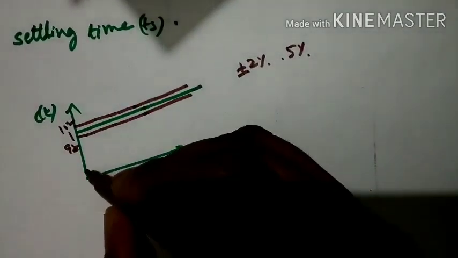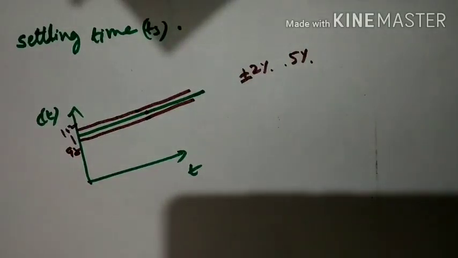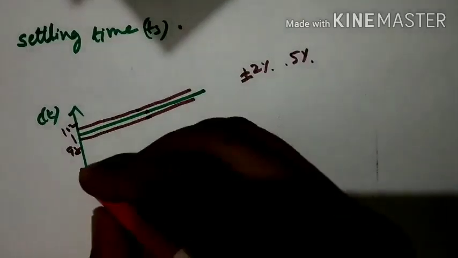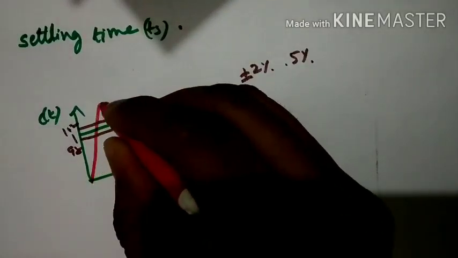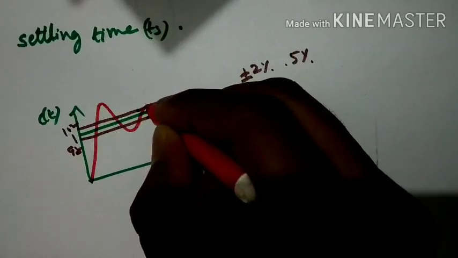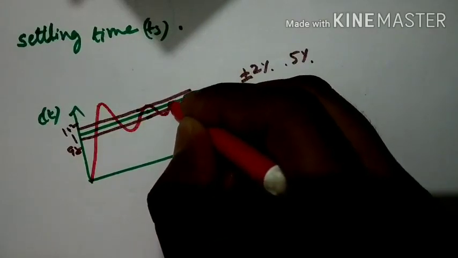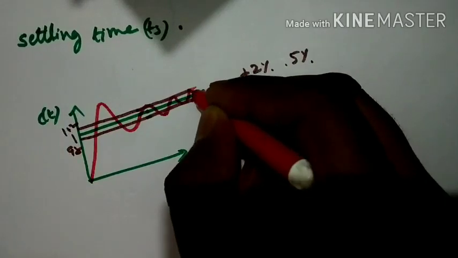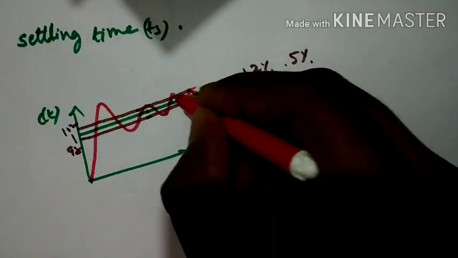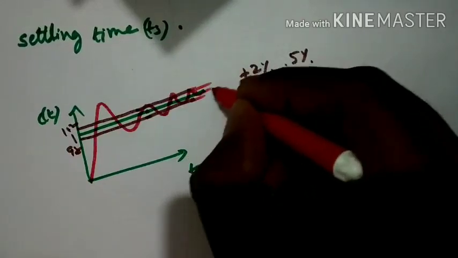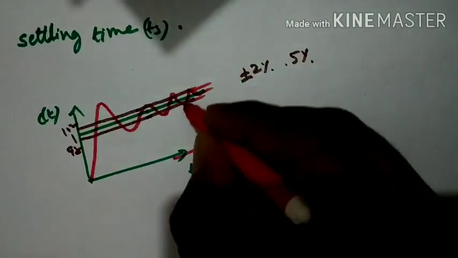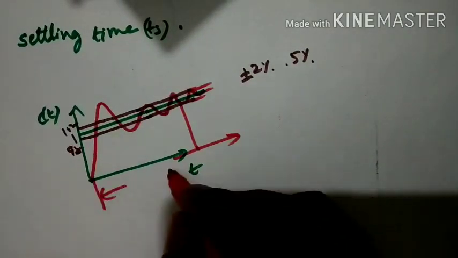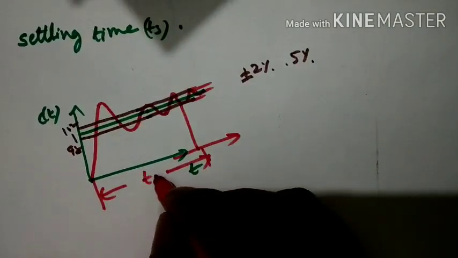Suppose your response is like this. It started here, reached this point and stays within that band. That time is called the settling time.